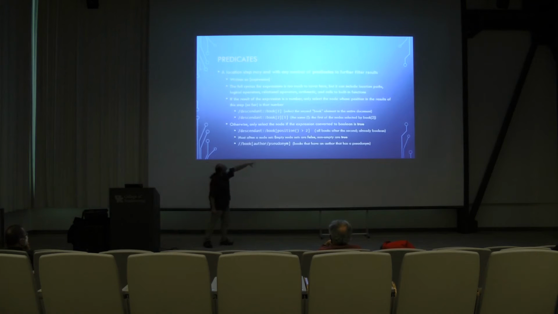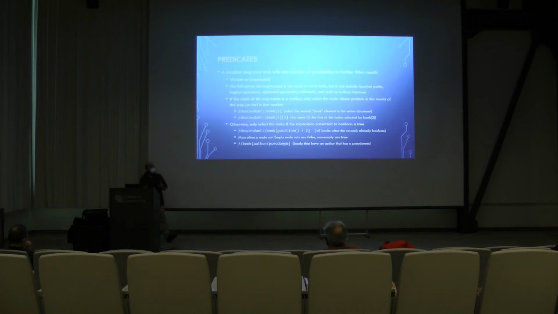And then in the square brackets there, I am issuing another query. Notice it doesn't start with a slash. It's relative, not absolute. So it's evaluated in the context of the book. So it's looking for a child of the book called author, and then a child of that called pseudonym. And that gives me some set of nodes.